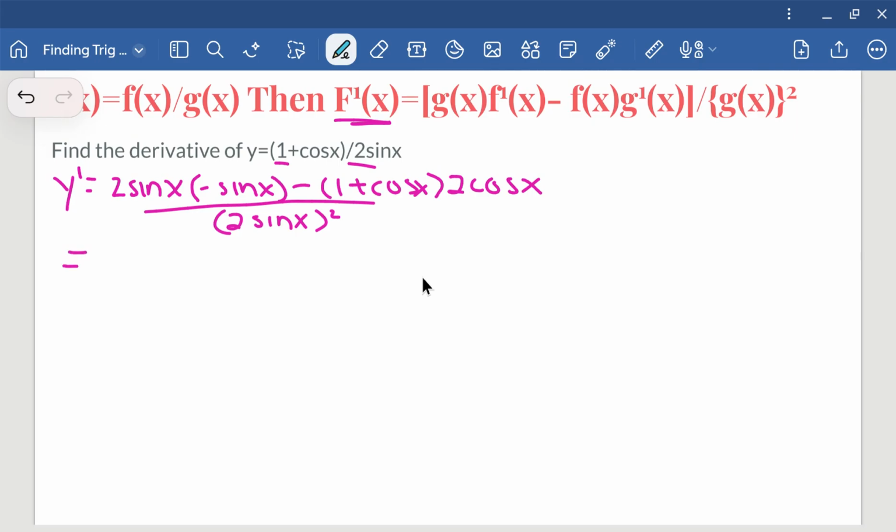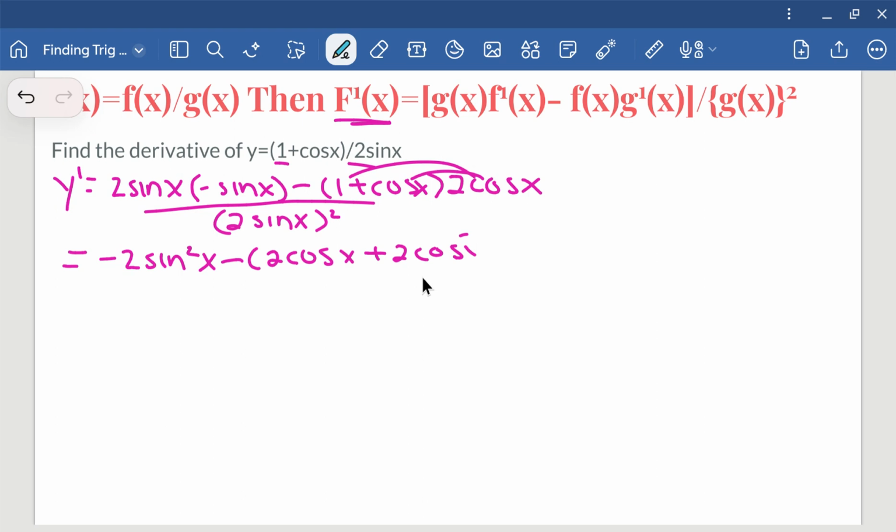So we're going to simplify what we can. So we're going to multiply the 2 sine x by negative sine x, and that will give you negative 2 sine squared x. And then we will multiply the binomial with the monomial, and we'll end up with 2 cos of x plus 2 cos squared x. Sorry, I wrote that weird.